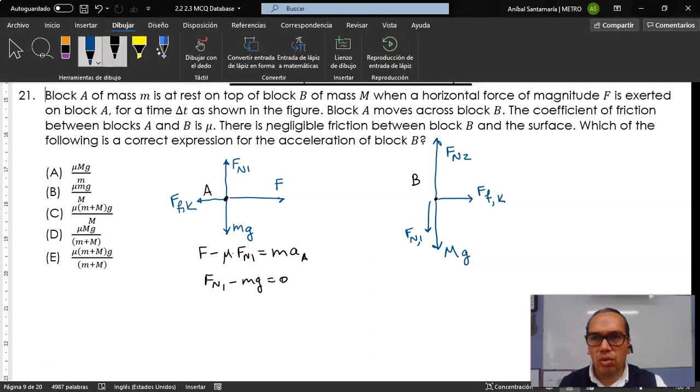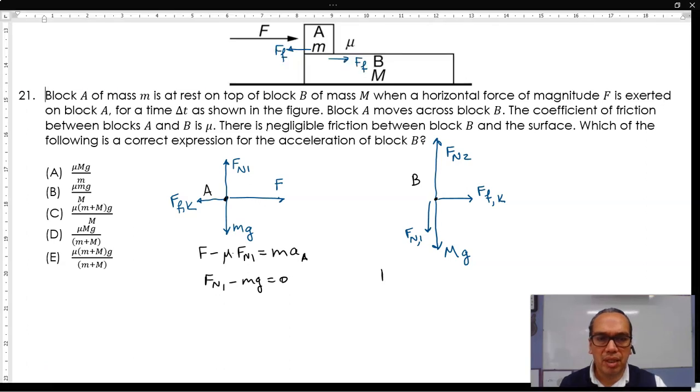So, when you talk about the equations for block B, we have that the friction force, kinetic friction, is equal to capital M times the acceleration of B. Now, this friction force has to be equal to mu times normal force 1.